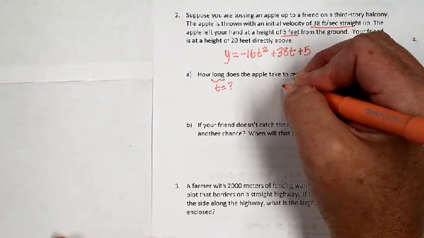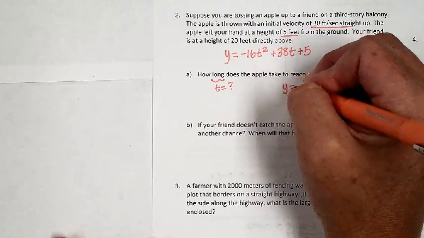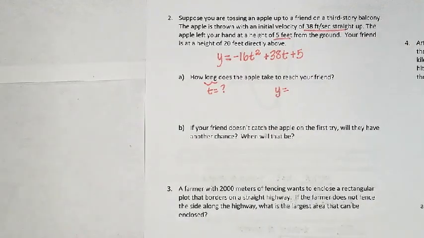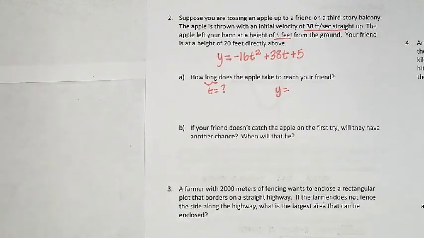Well, your friend is at a height of 20 feet directly above. We throw the apple, though, 5 feet from the ground. So the way that I interpret that, 20 feet above where we threw the apple, so 20 plus 5 would be 25.